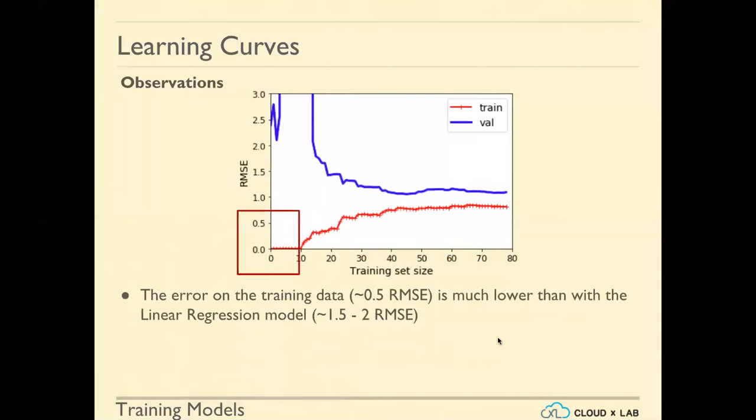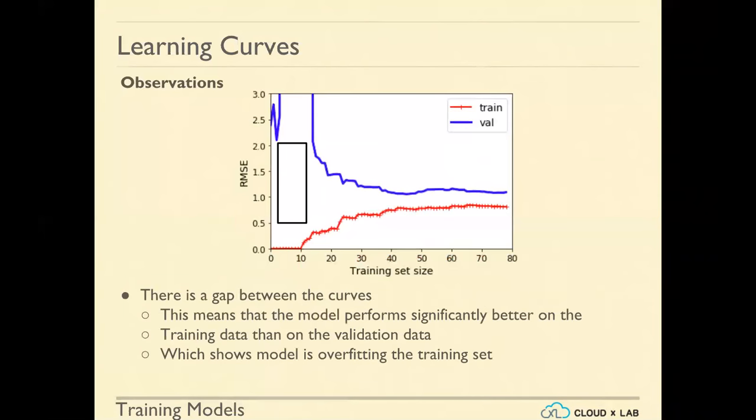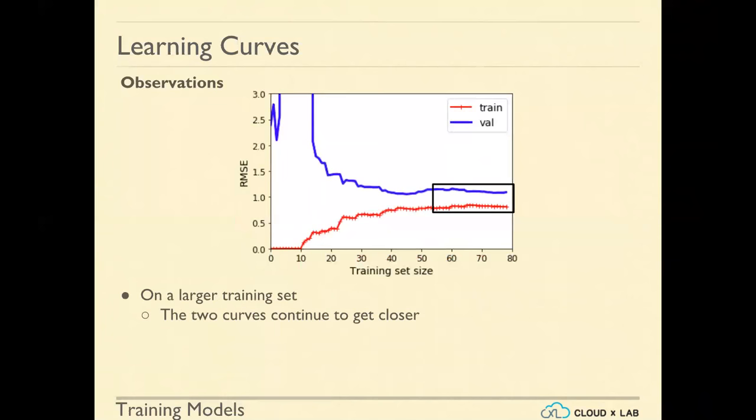So the error on the training data is less than 0.5 RMSE, which is much lower than the linear regression model. There's a huge difference. Therefore, there is overfitting.